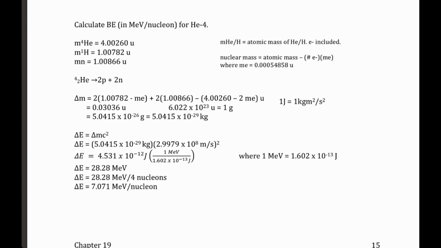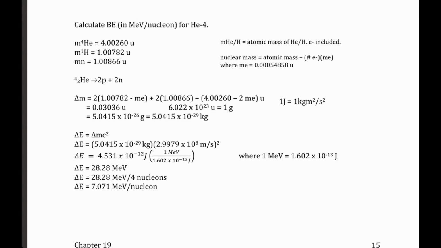That's joules, but in our problem we were told to convert it into units of mega electron volt. An electron volt is a very small energy amount, and 1 mega electron volt is 1.602 times 10 to the minus 13 joules.